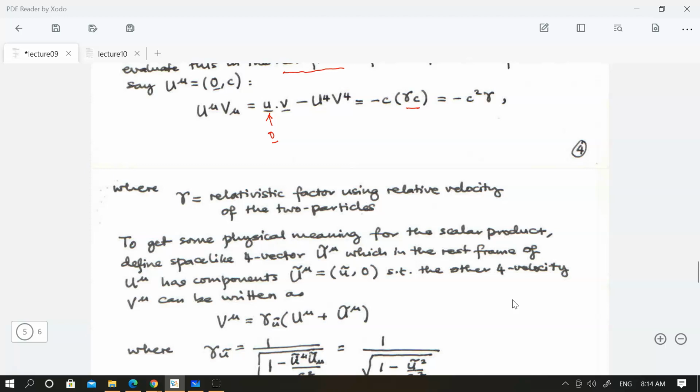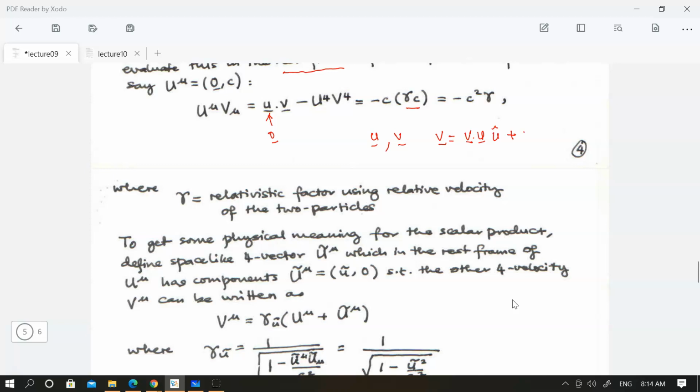Given a particular vector u and v, say in 3 dimensions, you can always decompose your v in terms of 2 parts: the one which is parallel to u, which is given by v dot u, and then the other one would be the orthogonal part.